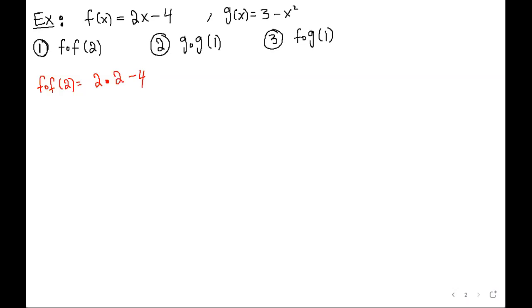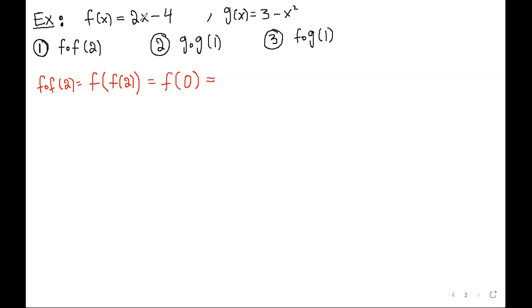Listen, can you do it step by step? So this is equal f of f of 2, right? Plug that 2 here. 2 times 2 minus 4, because 2 replaces the x. They give me 0. Yeah, 0. Nice.